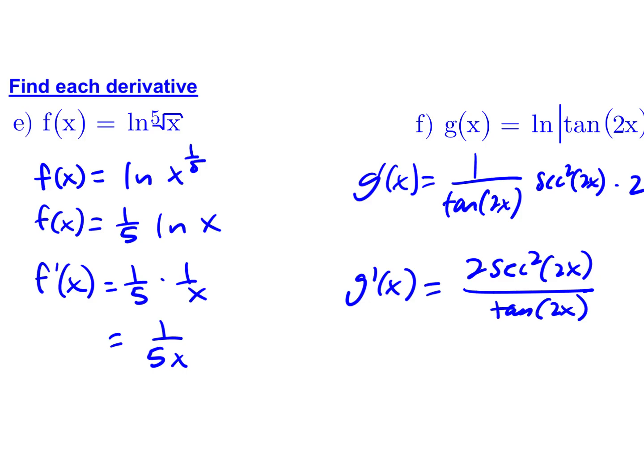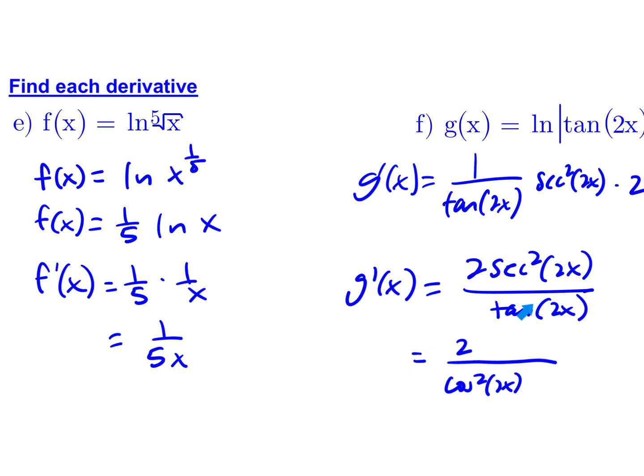All right, so let's play around with this a little bit. So I've got, let's see, 2, and I'm going to make this cosine squared 2x. That's this.